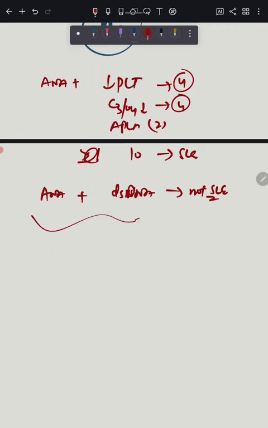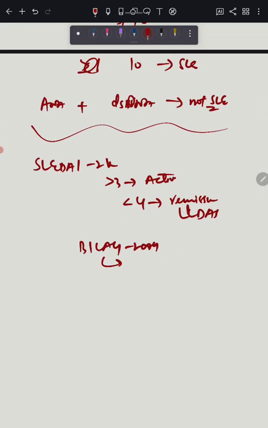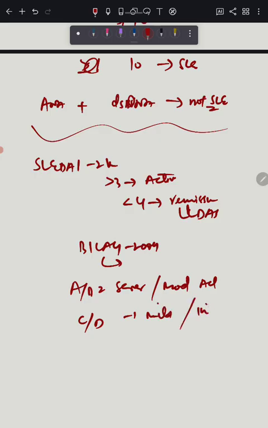With SLEDAI-2K, if the score is greater than 3, then this is active, and if it is less than 4, then this patient is in remission or LLDAS. And as per BILAG 2004, this is system based, so A or B, that is severe or moderate activity, and similarly C or D, that is mild and inactive respectively.